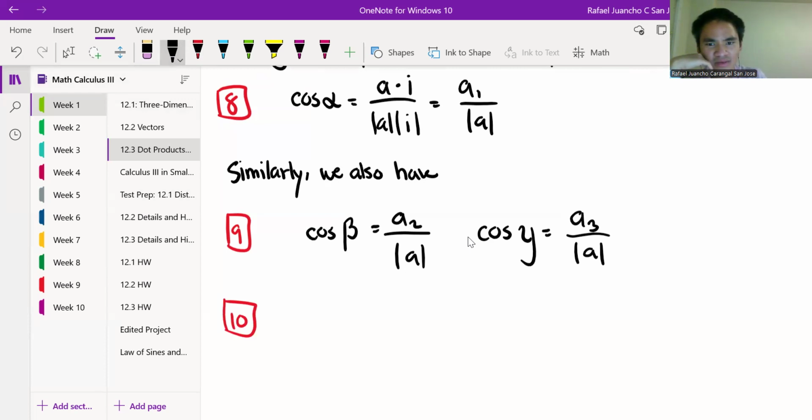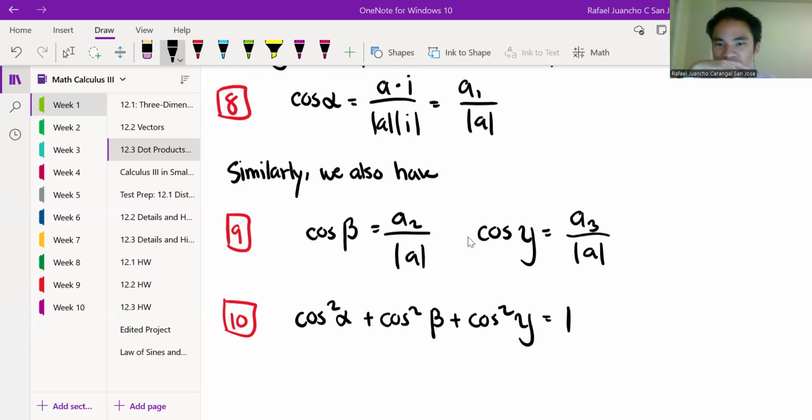We actually have something like this: cosine squared alpha, cosine squared beta, cosine squared epsilon. This is 1, right? Still thinking why it's 1 though.